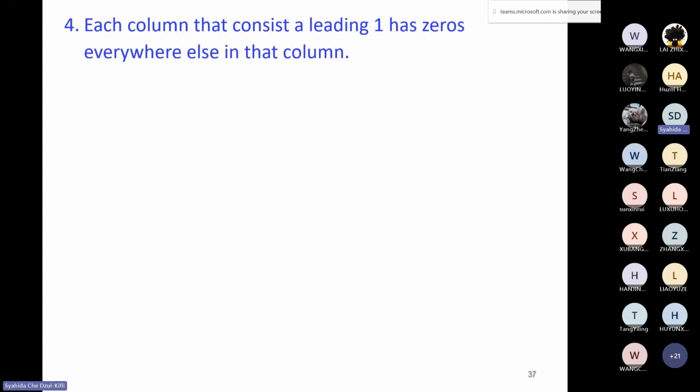Okay, now we look at each column. Each column that contains a leading one has 0 everywhere else in the column. We look at every column.